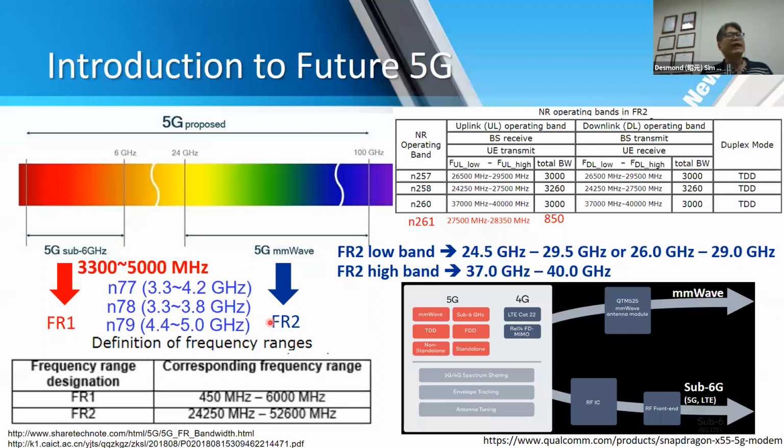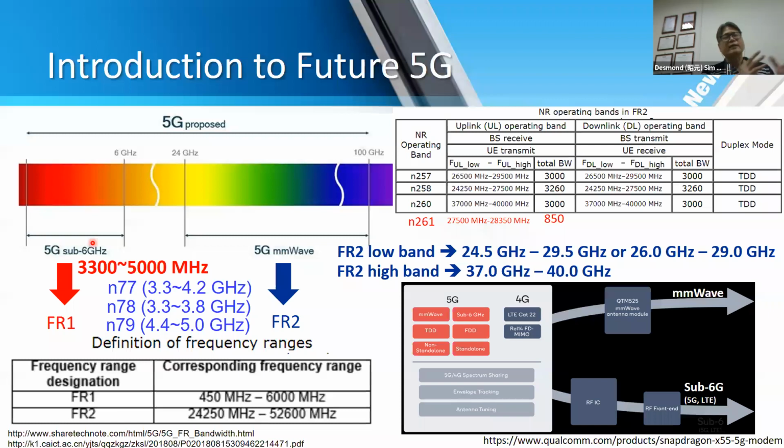And if you are above that, from 24 gigahertz to about 100 gigahertz, then you are named as frequency range 2. So if someone told you that they're working on FR2, you'll know that they're working on millimeter wave 5G. And if they're working on FR1, then they'll be working in the sub 6 gigahertz of 5G.